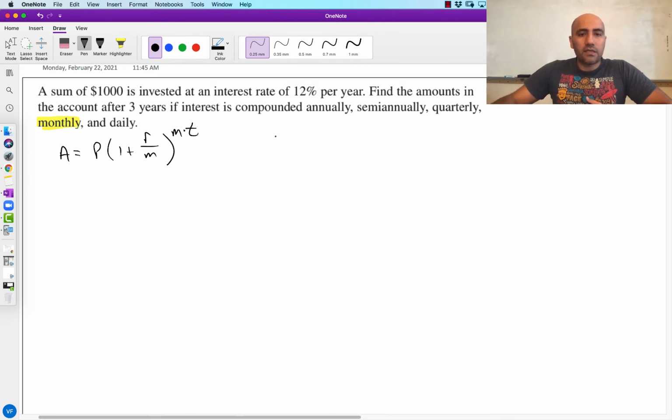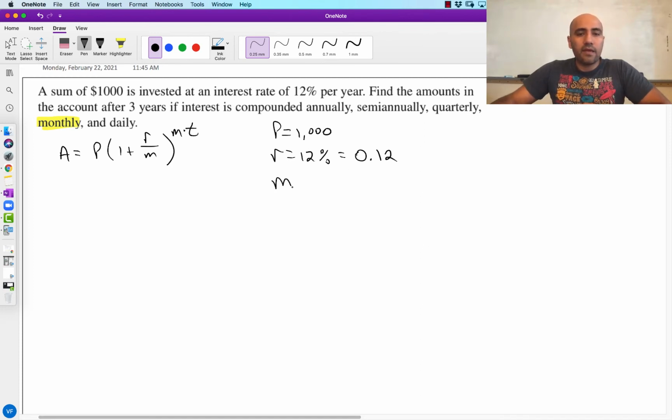And for us, the P is still equal to 1,000. And R is now equal to 12%. Remember, we never put a 12 in there. We have to convert it into its decimal representation, which in this case is 0.12.